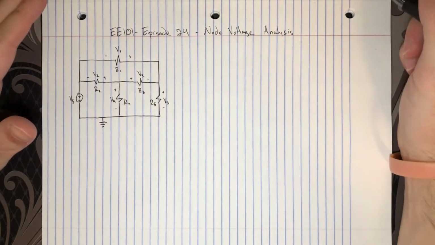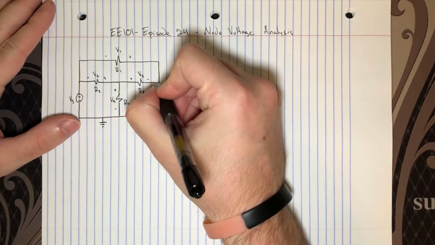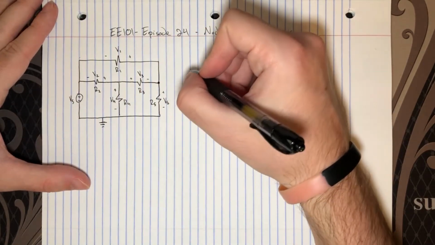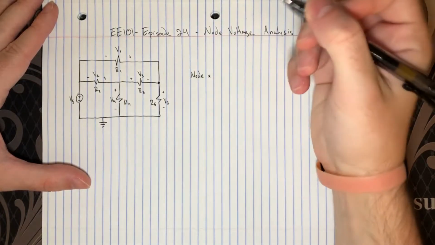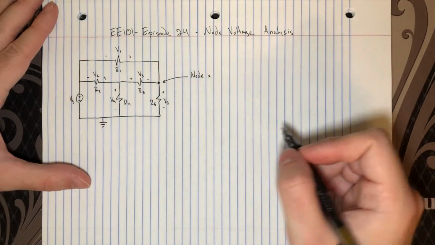And let me give sort of a cheesy example here. So if I pick this node and put a little dot there and call this node X, I'll also label another node.